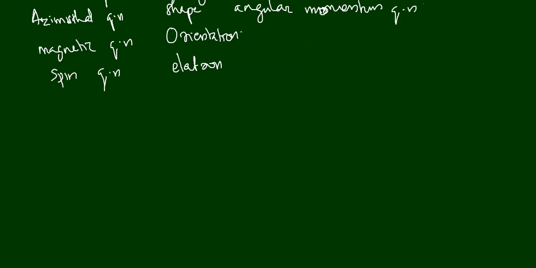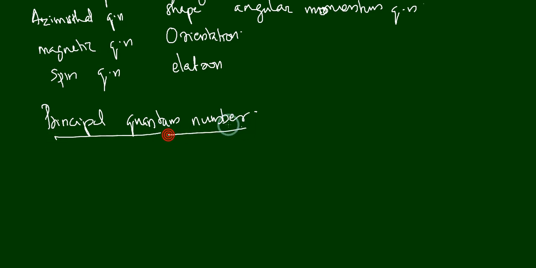First of all, let us discuss the principal quantum number. As I already said, it determines the energy of an electron.